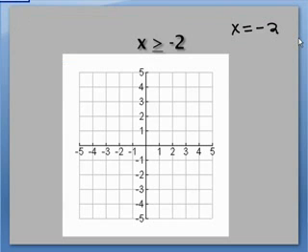Well, negative 2, 0, there's a point where x is negative 2. Negative 2, 3, there's another point. Negative 2, negative 1, there's another one. So if I looked at all of the points where the x is negative 2, we'd have a vertical line. All right, so I want to look at the vertical line. We have to decide, is it dashed or solid? Well, it can equal those points on that line, so it's going to be solid.